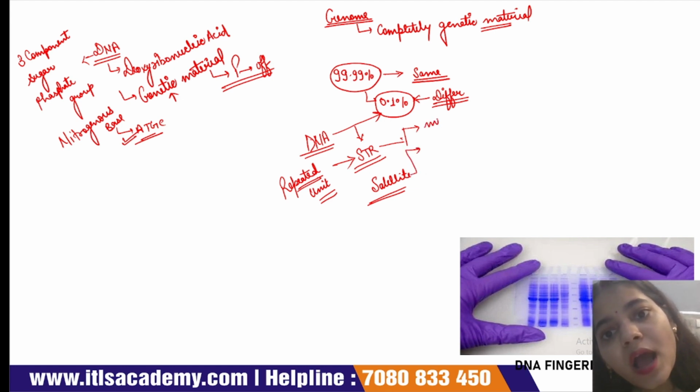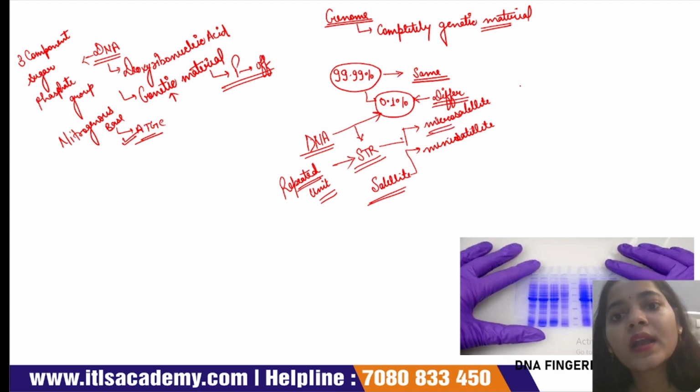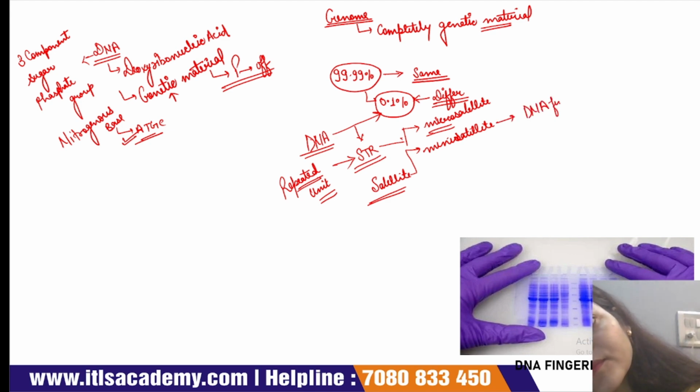First is a microsatellite and second is a minisatellite. In DNA fingerprinting, we study the minisatellite.